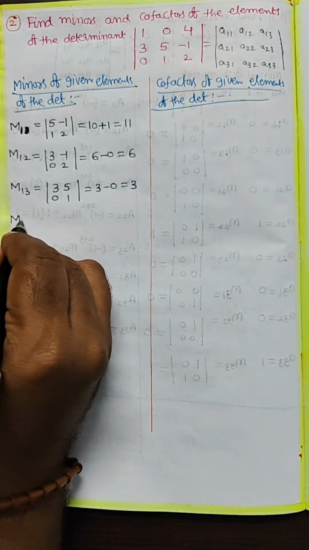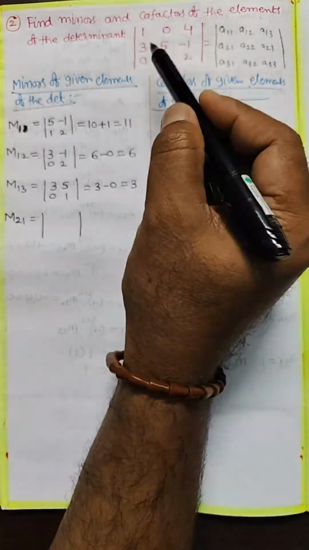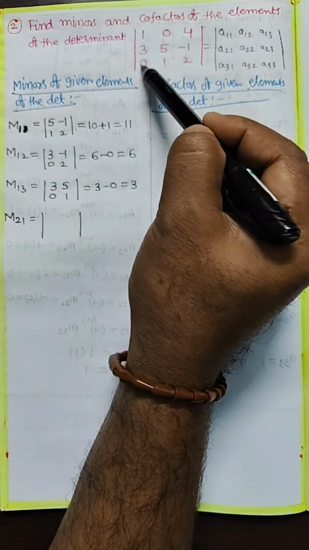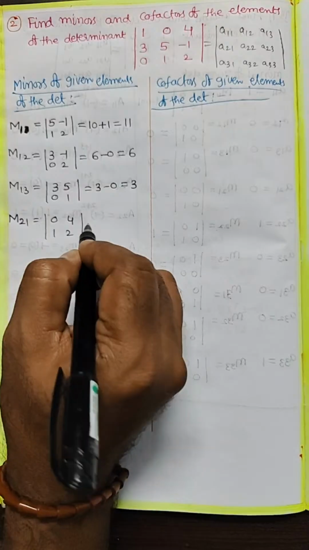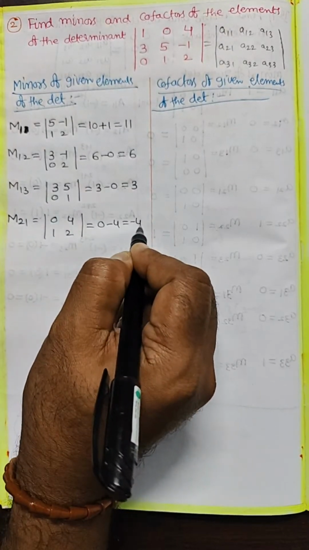Next M21, second row, first column. The elements are 0 4, 1 2, which is equal to 0 minus 4, which is equal to minus 4.